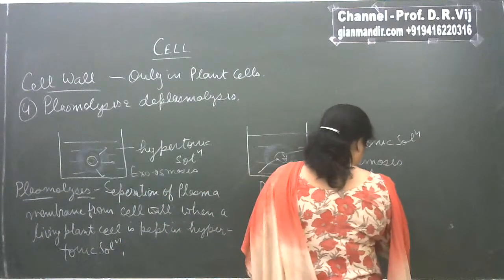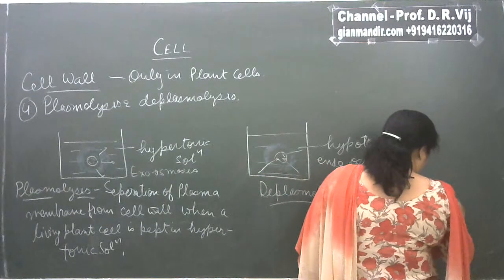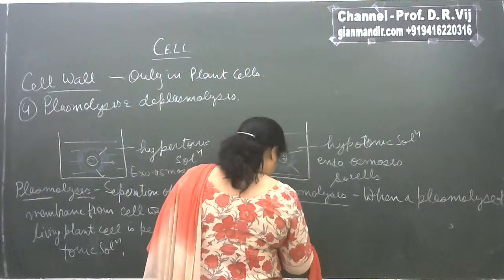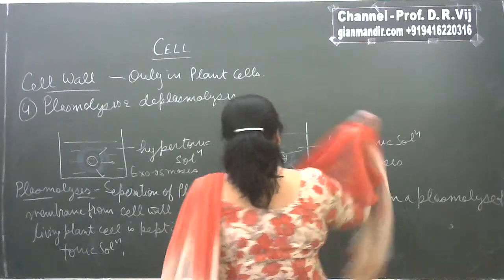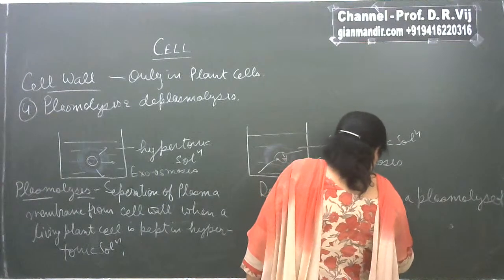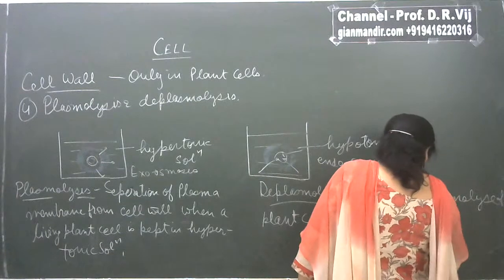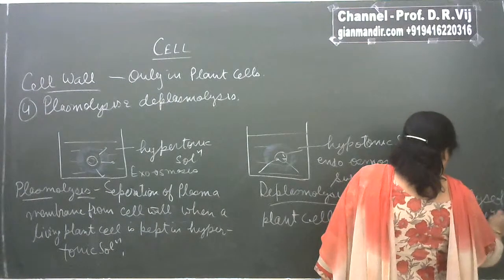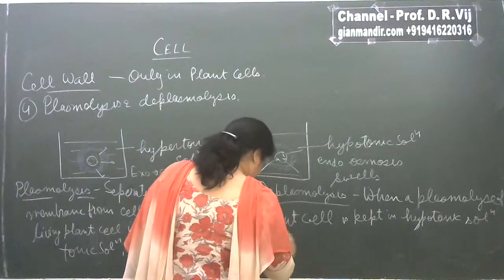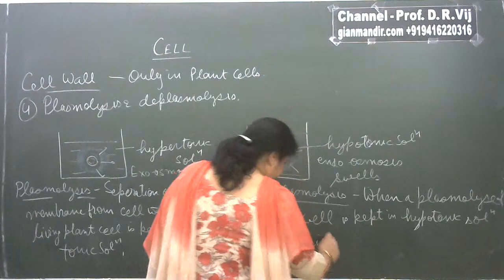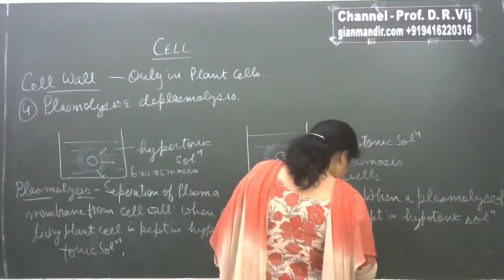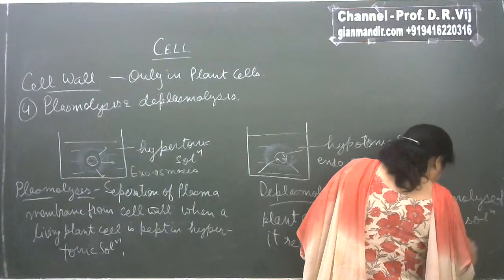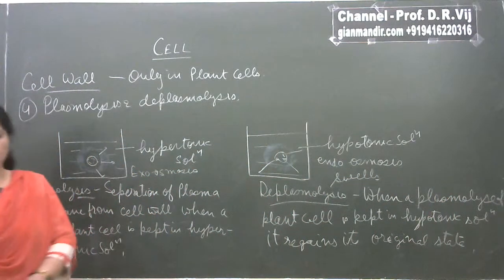That when a plasmolyzed plant cell is kept in hypotonic solution, it regains its original state due to endoosmosis, and that process is known as deplasmolysis, right?